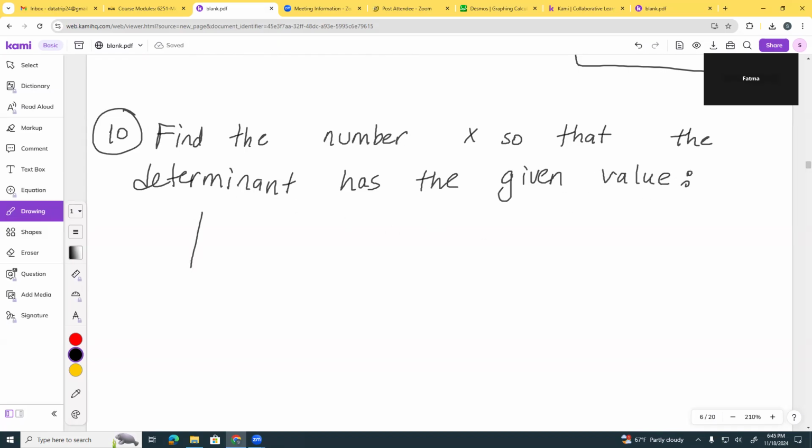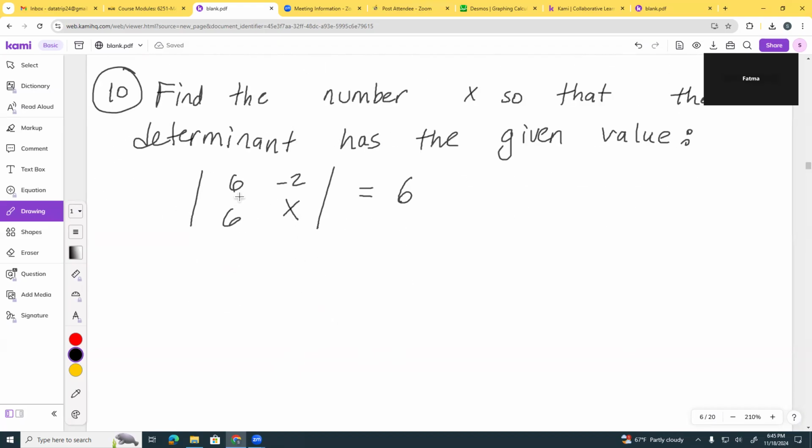So we have this one given. Okay, so this is what the problem says. We have a matrix given here. They're calculating the determinant of the matrix.